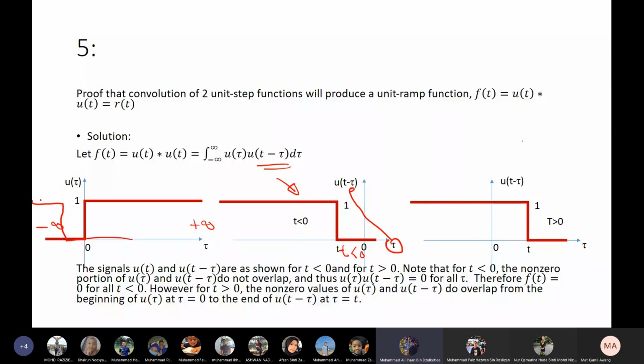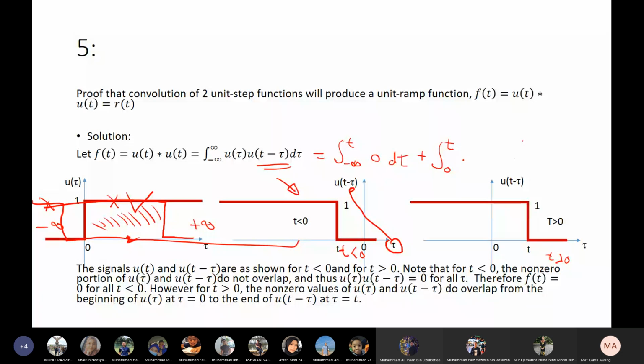So for t greater than 0, dia akan overlap. It's actually integration from minus infinity to t of 0 d tau, plus integration from 0 to t of 1 d tau.